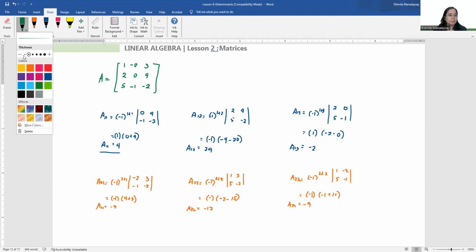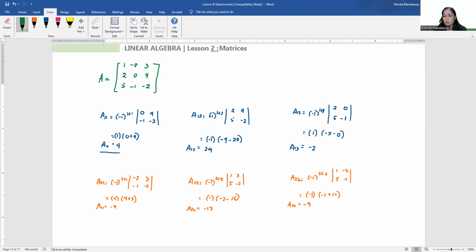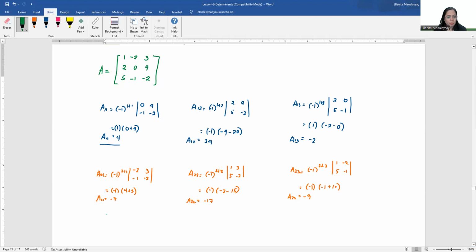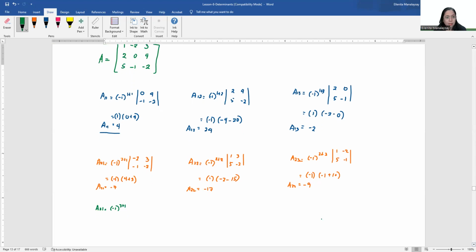Let's get the cofactors of the entries in the third row. A31 equals negative 1 raised to 3 plus 1 times the matrix formed by deleting the third row and the first column. So we have negative 2, 3, 0, 4.